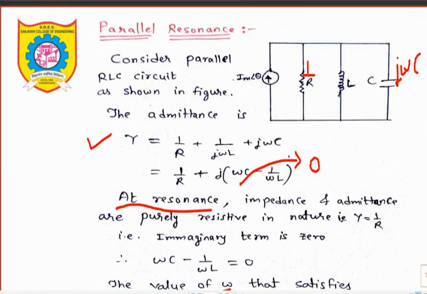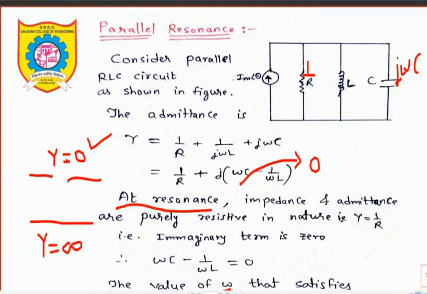So even though these terms are zero, admittance zero means open circuit. It is opposite to the impedance. For admittance, a short circuit means the admittance value is infinity.